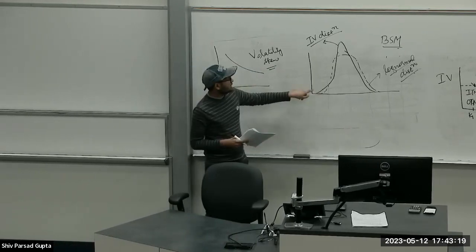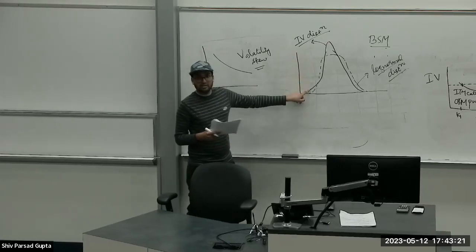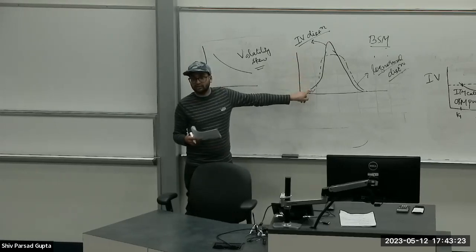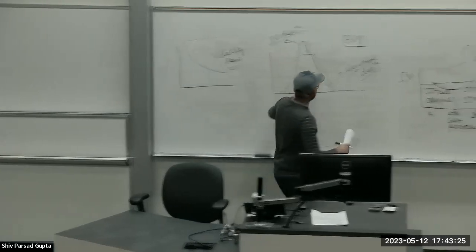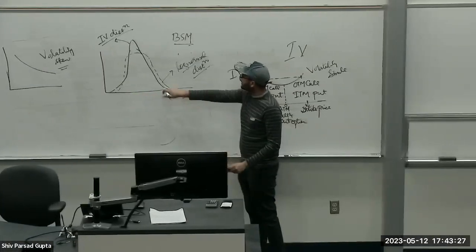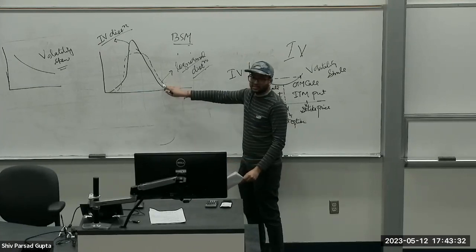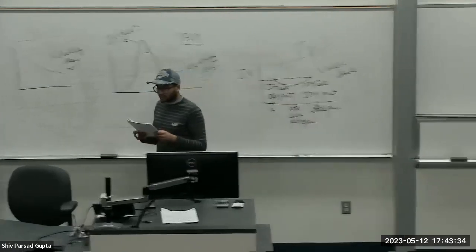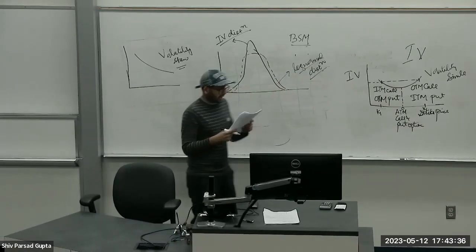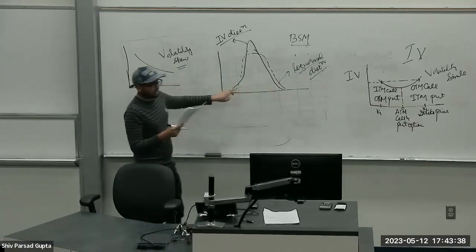It means the left tail of the IV distribution is fatter, not thinner. And the right tail of the IV distribution is less than the log normal distribution, so it is thinner. That's why the correct option is C: the right tail is thinner, but the left tail is fatter.